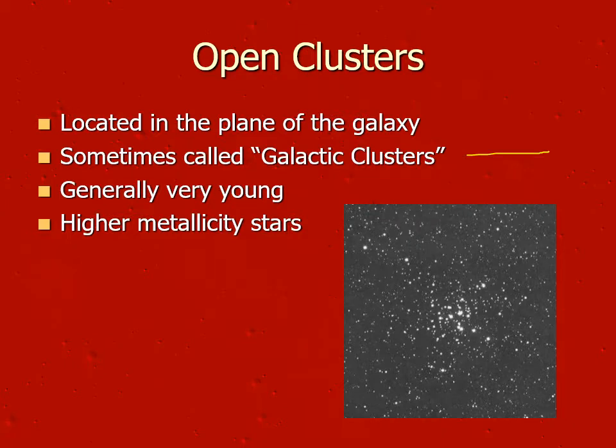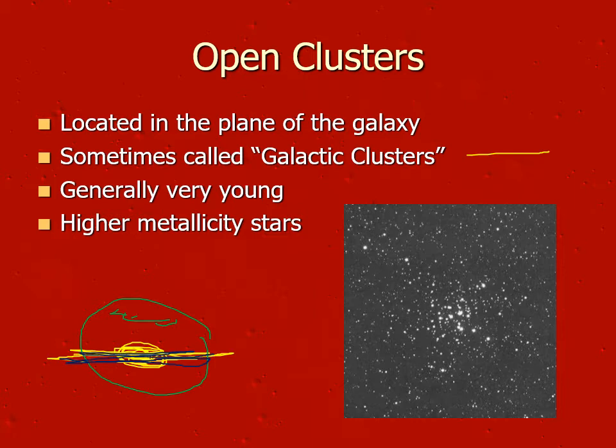The open clusters are typically located in the plane of the galaxy. So our galaxy, remember, had kind of a bulge in the middle, like this side view of the galaxy. And the globular clusters were located in a halo around, but the open clusters are located in the galaxy itself.